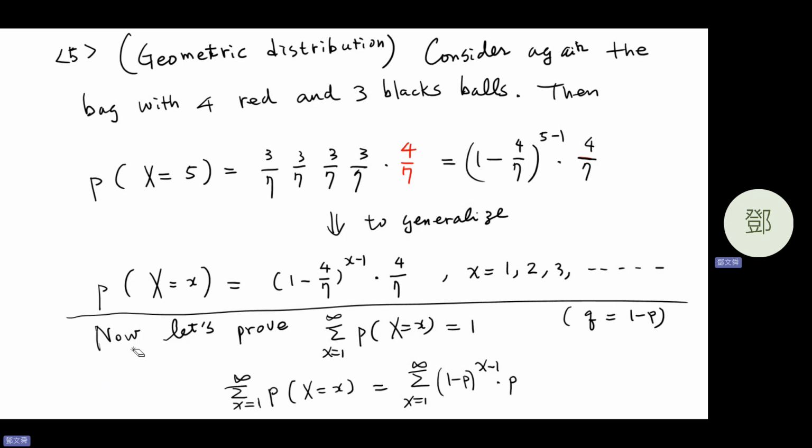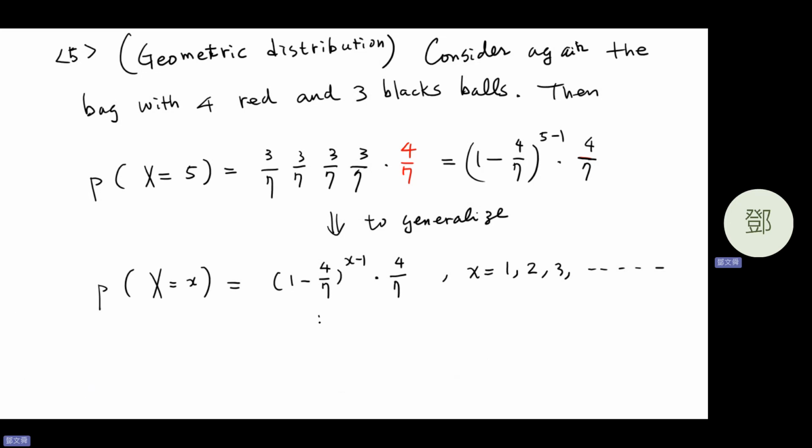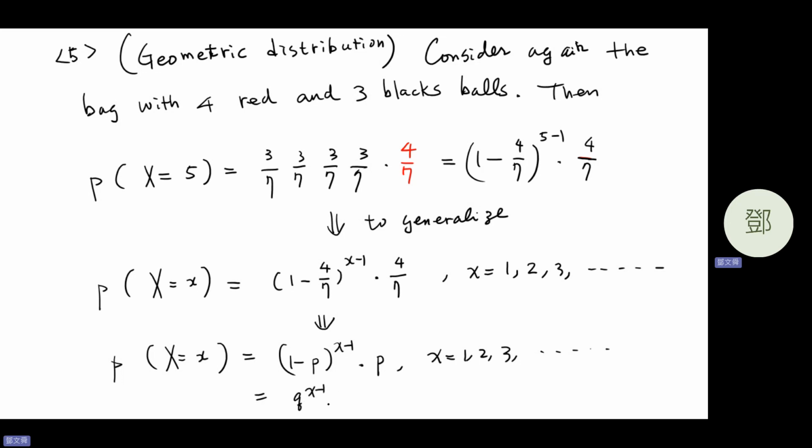I have to generalize further before I prove it. To generalize further, (1 minus p) to the x minus 1 times p, x equal 1, 2, 3, all the way to infinity, or just q to the x minus 1 times p.